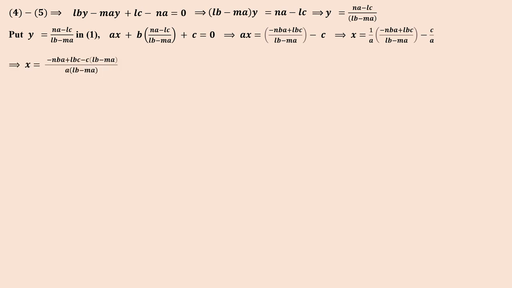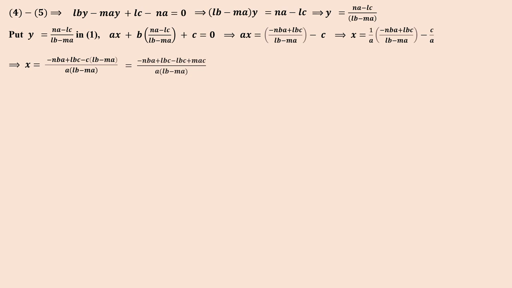This implies X is equal to (minus NBA plus LBC minus C into (LB minus MA)), taking LCM, by A into (LB minus MA). So that is equal to (minus NBA plus LBC minus LBC plus MAC) by A into (LB minus MA).